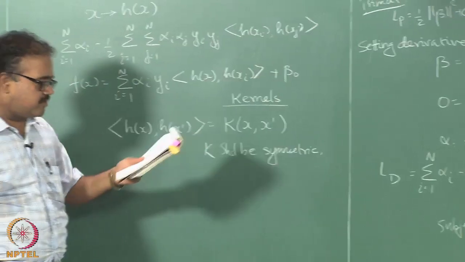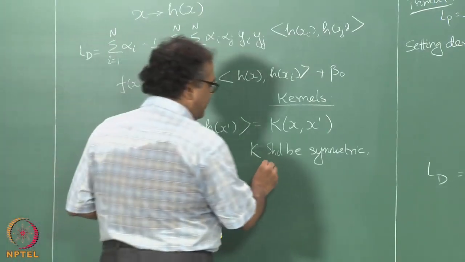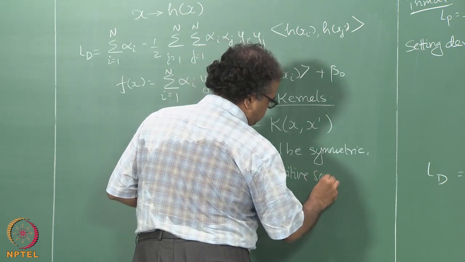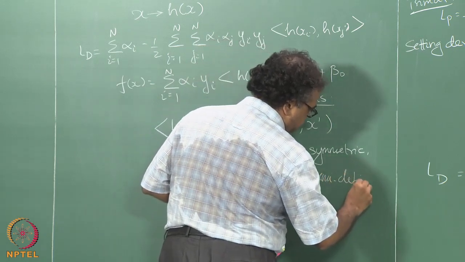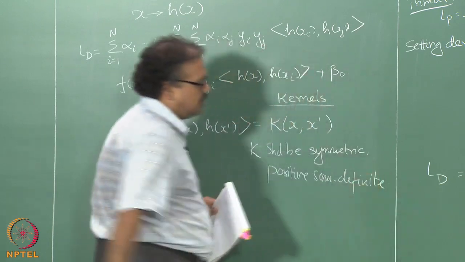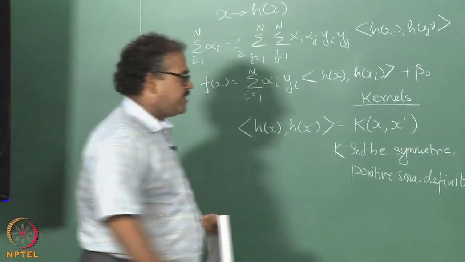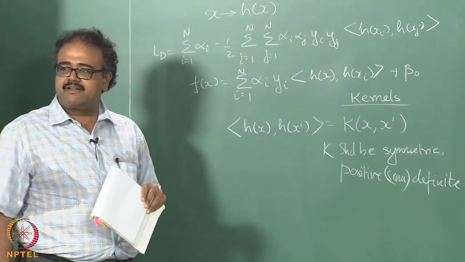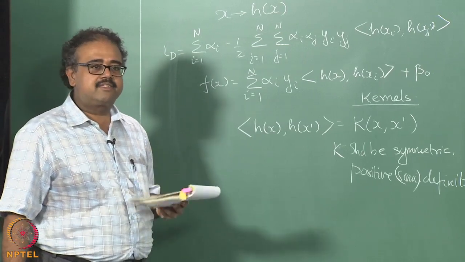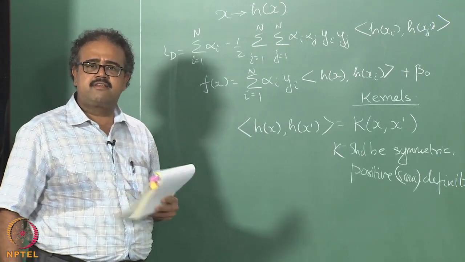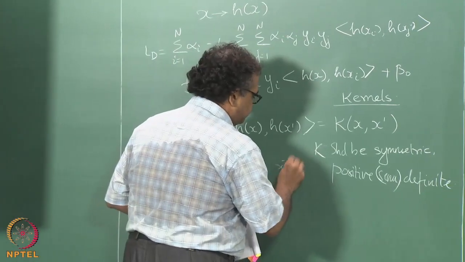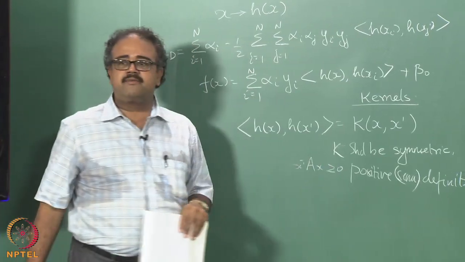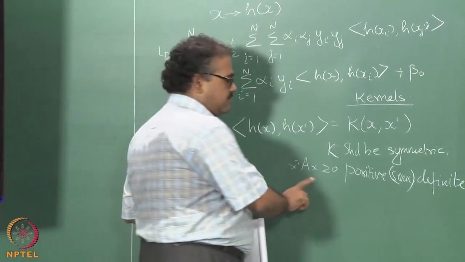So the kernel function k should be symmetric and positive semi-definite. Positive definite, semi-definite is fine in some cases. People remember what positive definite is, right?